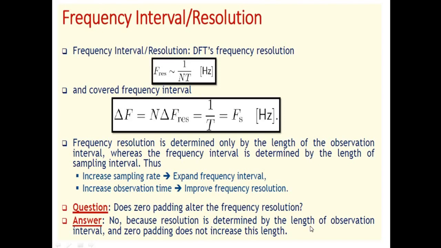Zero padding does not increase this length. So N is not going to disturb the frequency resolution, only T does. Zero padding is not going to alter the frequency resolution.